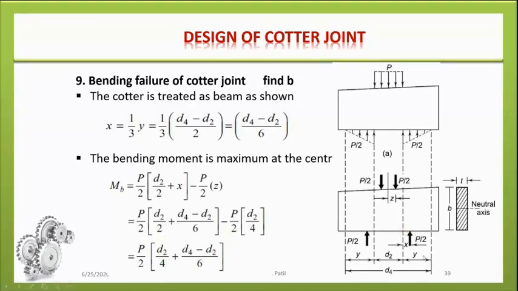So in order to find y, d4 minus d2 divided by 2. So this equation represents the value of y. Understand this thing? Yes or no? Give in a chat. Otherwise, I repeat.